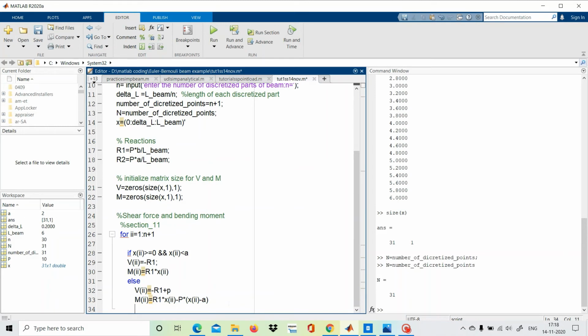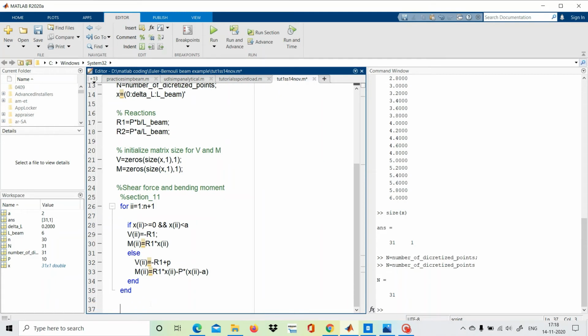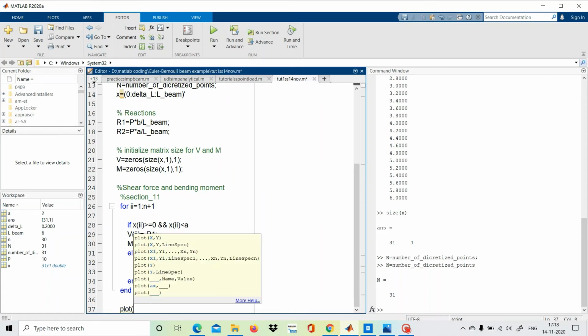Then we will write the command end for this if loop, and then again we will give end, so the loop repeats. Then what we want? We want the plot of what? Shear force. So the x coordinate would be x comma v.